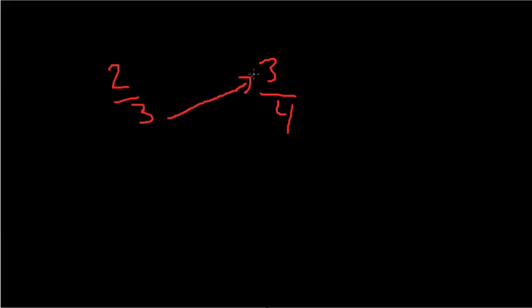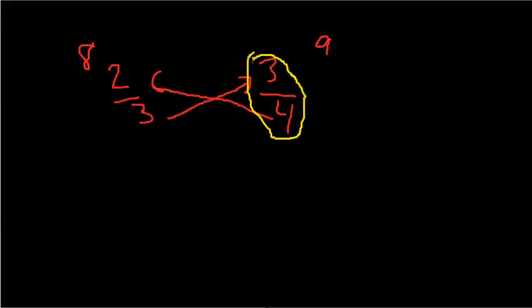So here 3 times 3 gives me 9. Here 4 times 2 gives me 8. I compare now these numbers, the 9 and the 8. My 9 is larger, which means that 3/4 is the larger fraction. Just by comparing these numbers, the 9 is larger, so my 3/4 is my larger fraction.